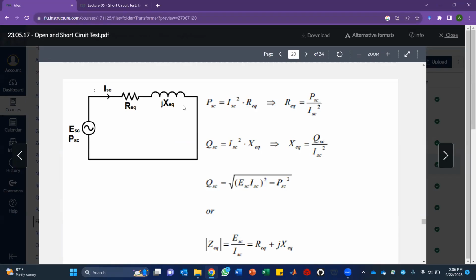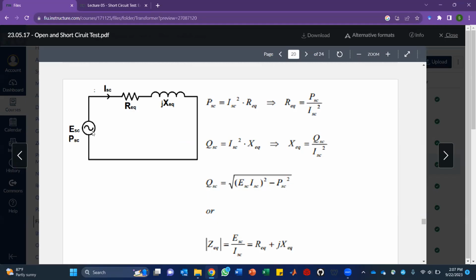So we measure the short circuit current. The setup has to be such that this ISC will become equal to the rated current. The rated current should be the standard, so that is our target point.